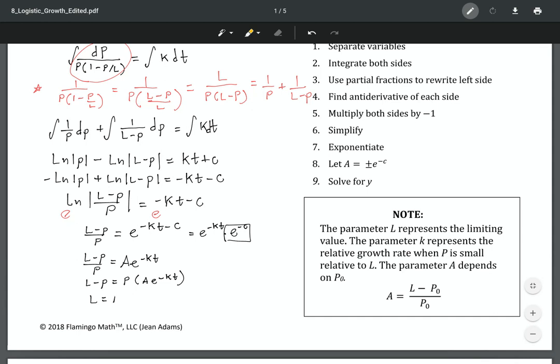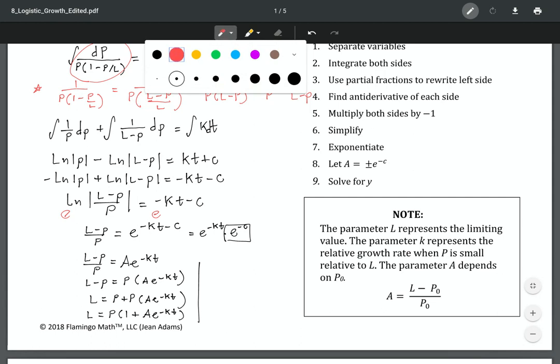Now we're going to add this P on the left side to the right side. And then we're going to factor out a P. So this is L is equal to P times (1 plus A) times e to the negative KT.